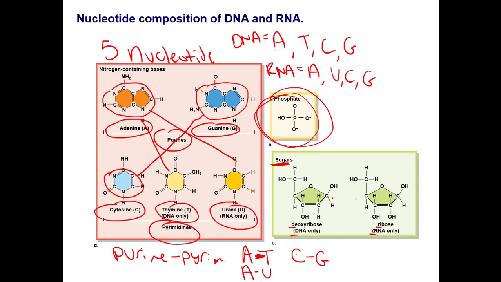And if you really look at these 2 structures, you can see they're basically identical to one another. The only difference is this part right here. Ribose has an extra oxygen here. Deoxy means lost an oxygen. So DNA is missing that second oxygen right here. So deoxyribose versus ribose.